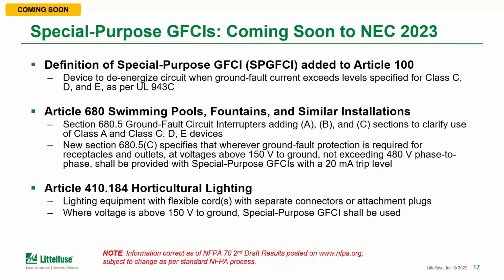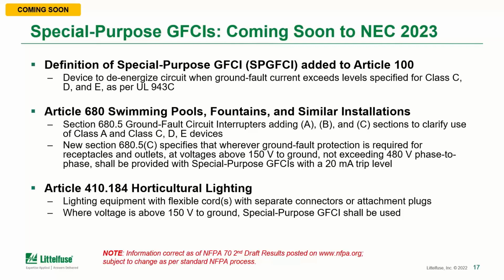But at the moment, special purpose GFCIs are scheduled to be added to the definitions as defined by the UL 943C standard, with two areas having a mandate to use them, one being Article 680 for swimming pools and fountains. So having equipment there wherever GFCIs are currently used.